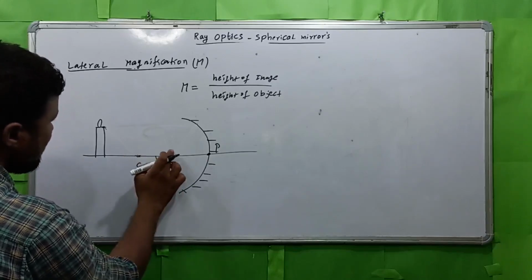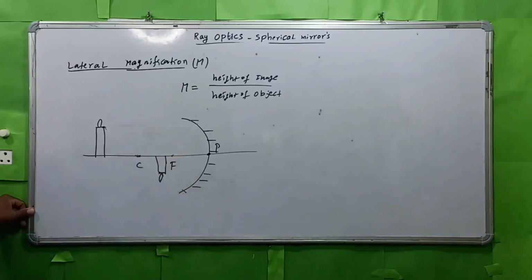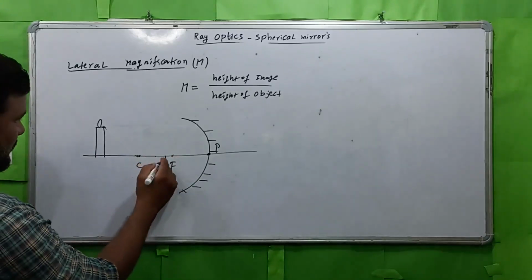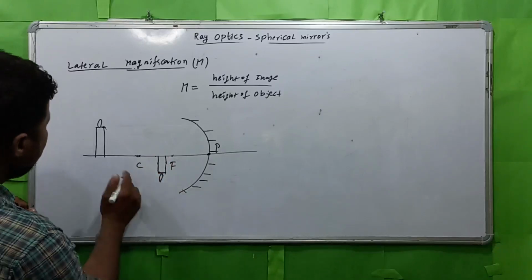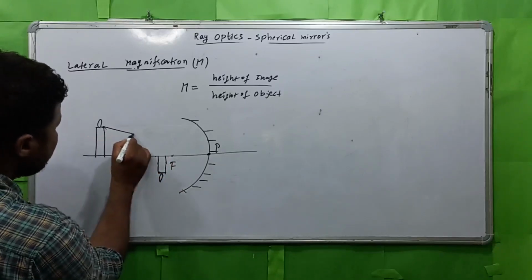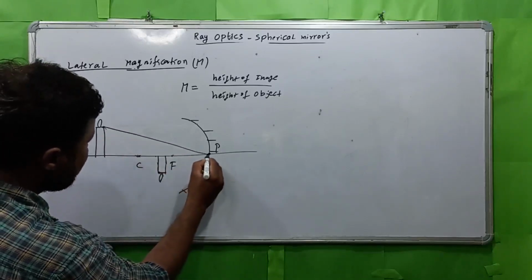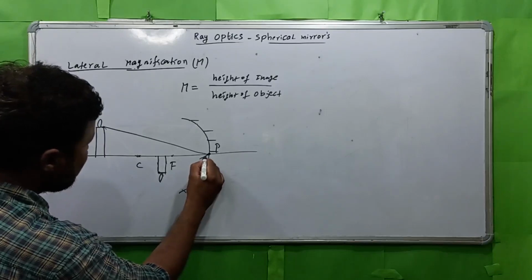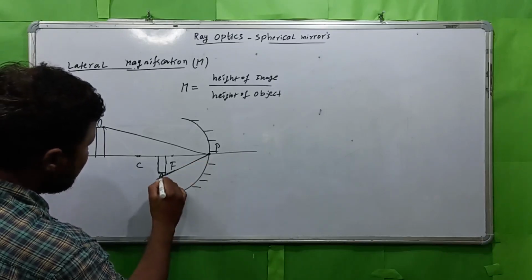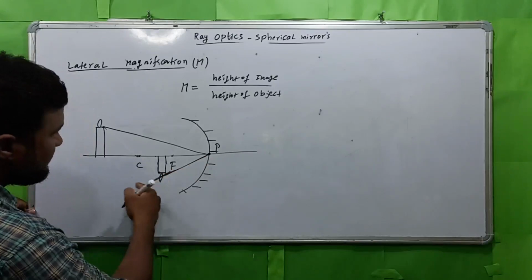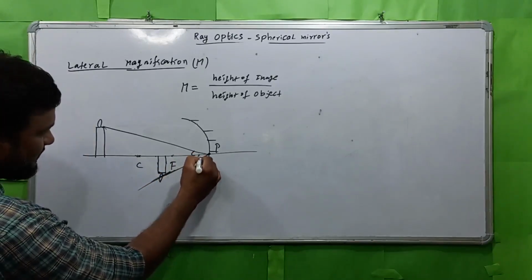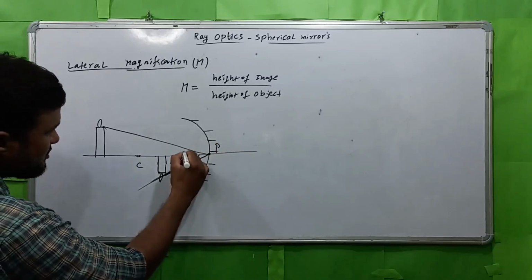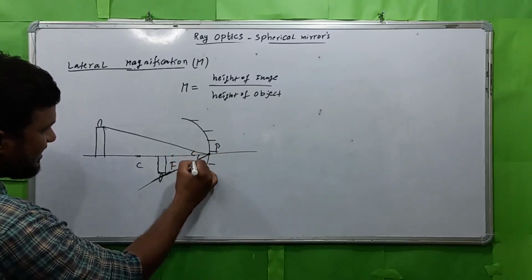We can use any 2 of the 4 rules. We have 4 rules we already discussed. By using any 2 rules, I got the image here. Suppose any light ray is incident at the pole, it goes symmetrically in the opposite direction, angle of incidence and angle of reflection remain the same. Suppose this is angle of incidence i, angle of reflection r.